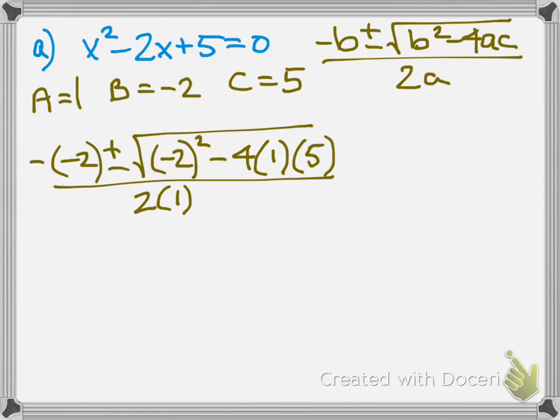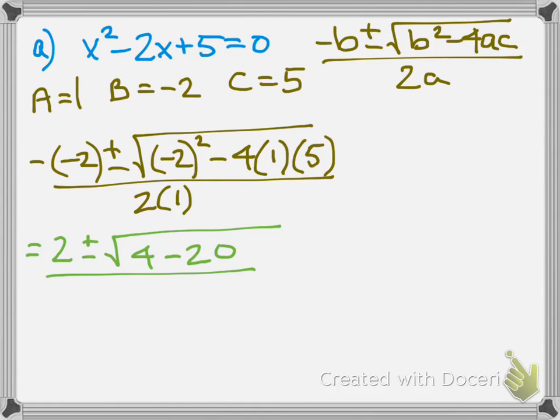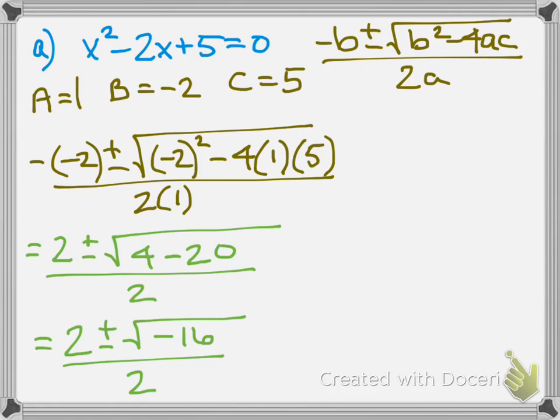Continuing to simplify, this equals positive 2 plus or minus the square root of 4 minus 20 divided by 2, which equals 2 plus or minus the square root of negative 16 divided by 2. And here's where, up until a couple of days ago, we would have had an issue. But remember, this negative now can be actually solved.